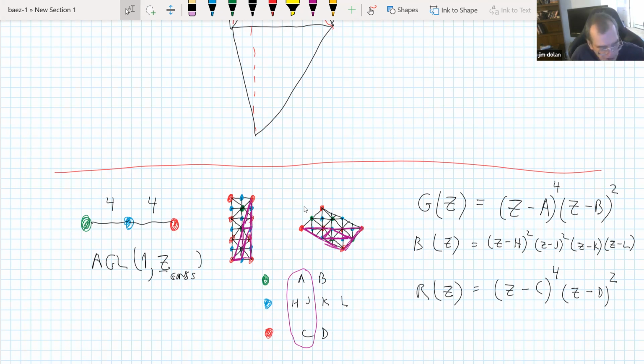Somehow I was stupidly not realizing that that should mean that B and K and L and D should just be quadratic irrationals, whereas H, J, and C will be rationals. That's what I think.